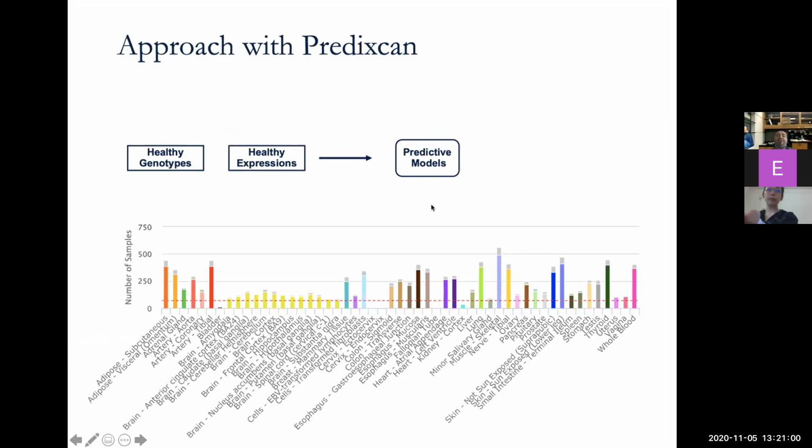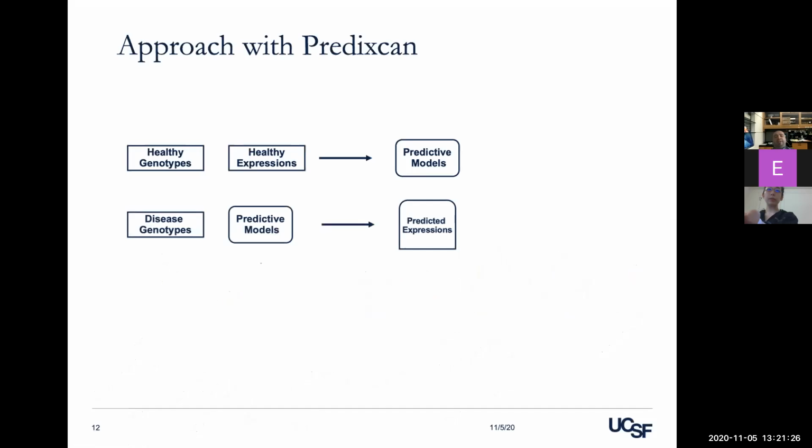So these predictive models are built across various tissues, including brain. As you can see by the number of samples over here, the brain samples have sample sizes a little bit smaller than some of the others. In practice, we actually use all tissues together, but that's a technical detail that I won't go into.